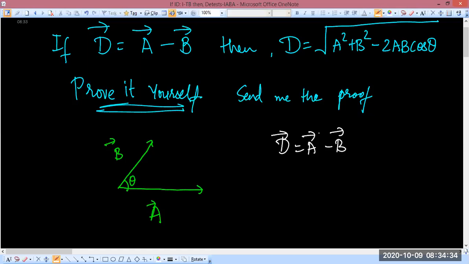So from here it will come like this. I hope this is clear. And then you just drop a perpendicular and do the calculation yourself. Okay, from here you are on your own.